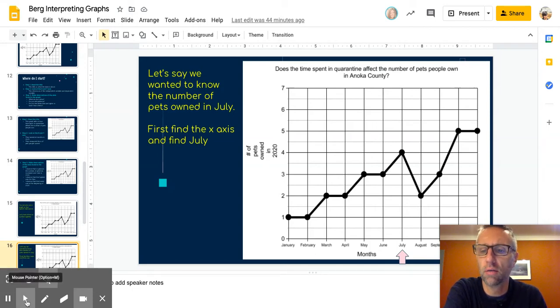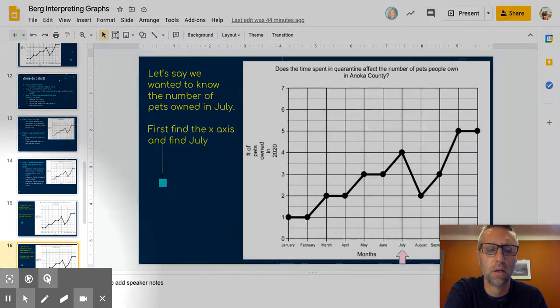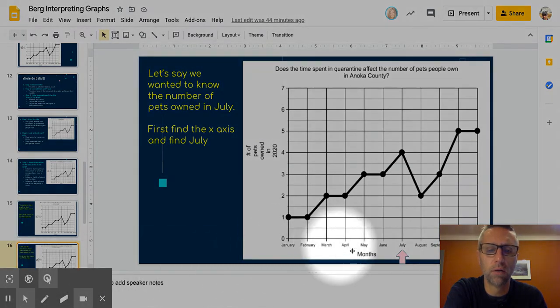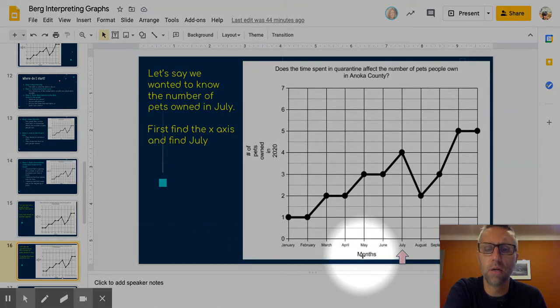The first thing we need to do is look at the graph and find July. Now, we're comparing the different months. So I go down to the months because that's what I know. I'm looking for July. And I look across and I see right here is July. So I put a little arrow here. That's our first step.